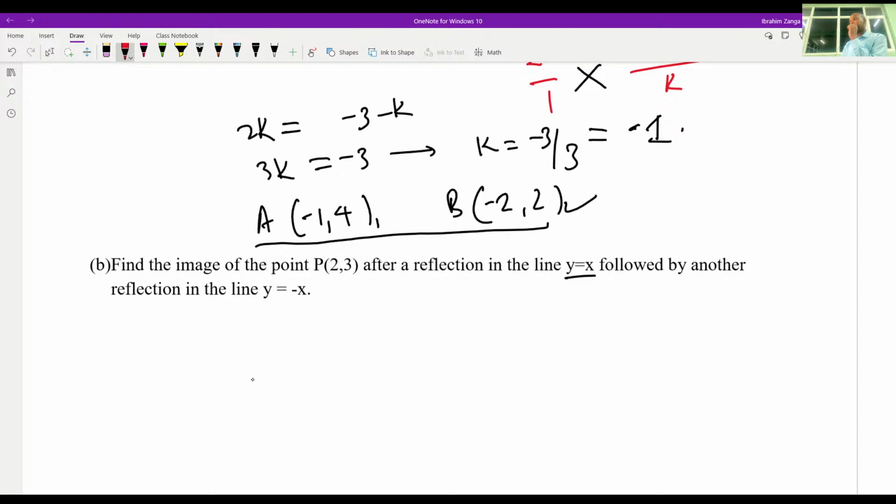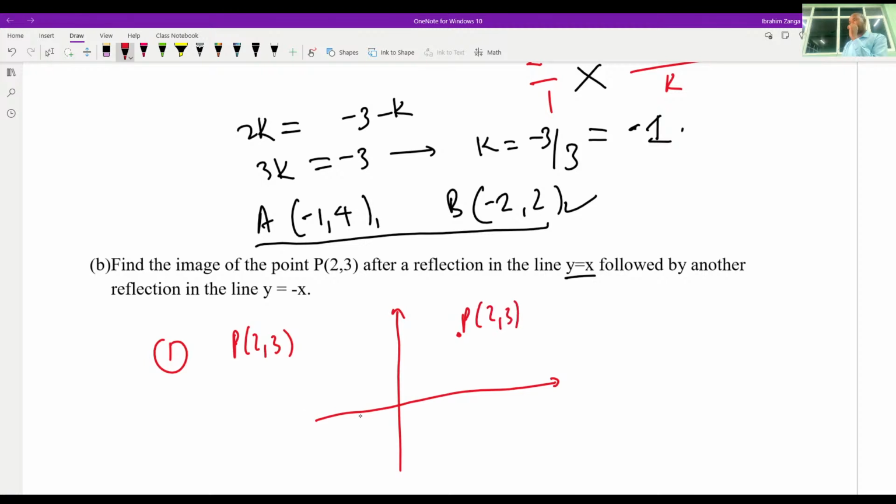So for the first reflection, you have point 2, 3. You can sketch. So I'll just illustrate that point 2, 3 here is the point P, and the mirror is the line y equals x.